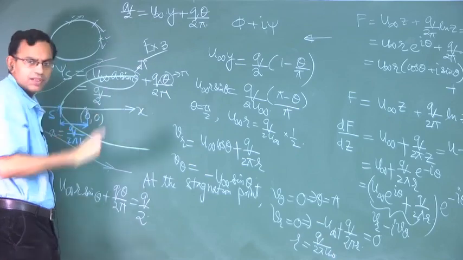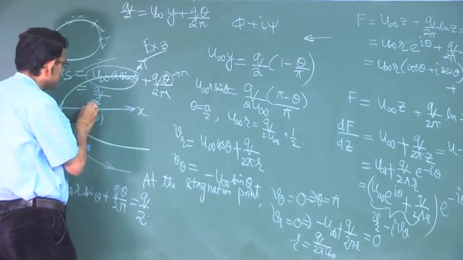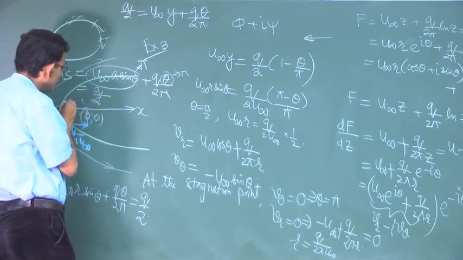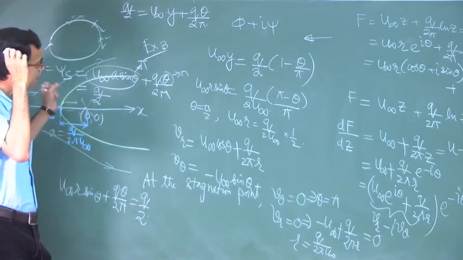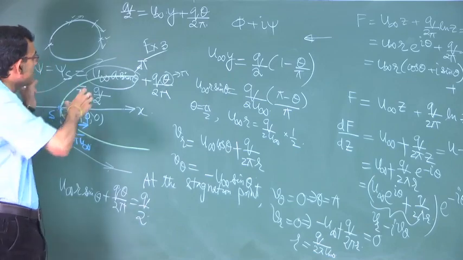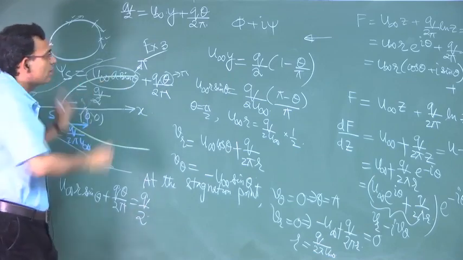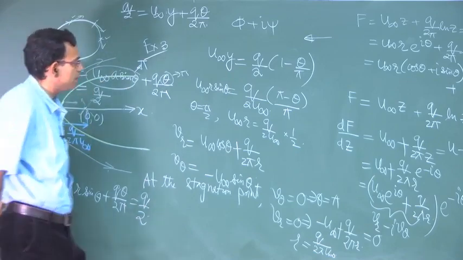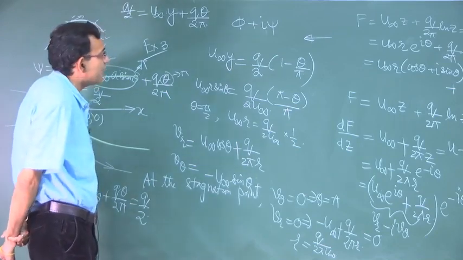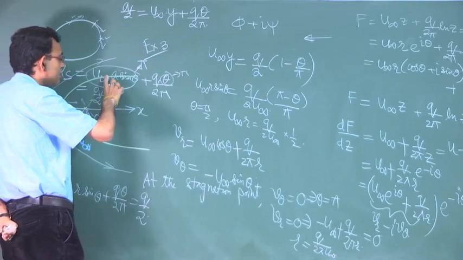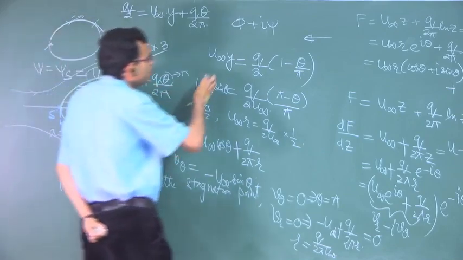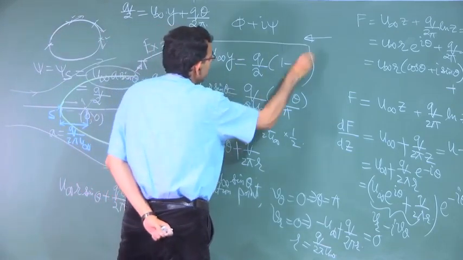Inside, you will have this source and then uniform flow, with the superposition, but what is of importance is the shape of this body, and at any given theta this h you can obtain by using this formula.